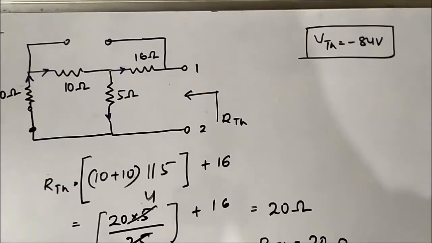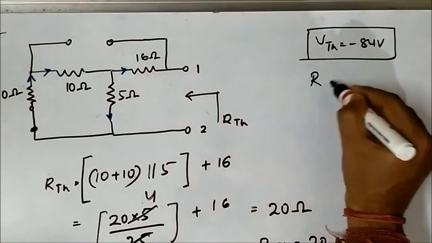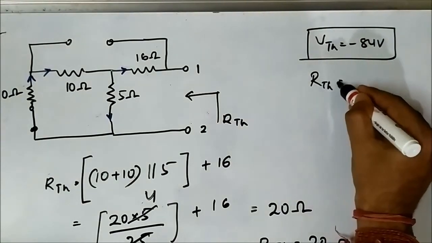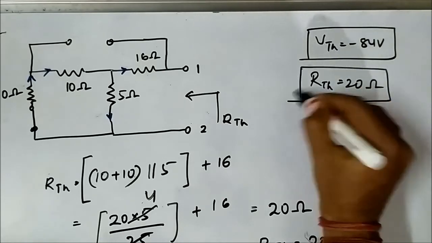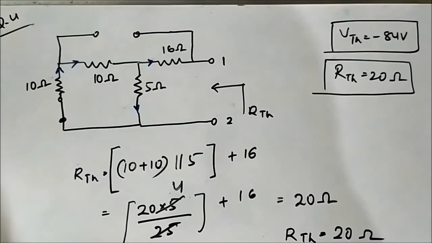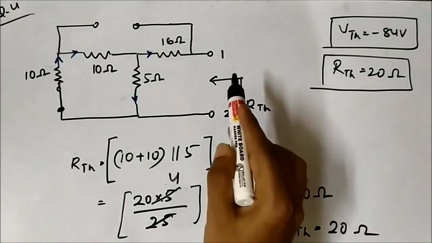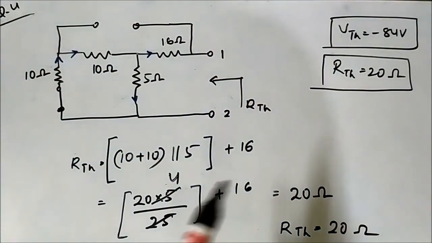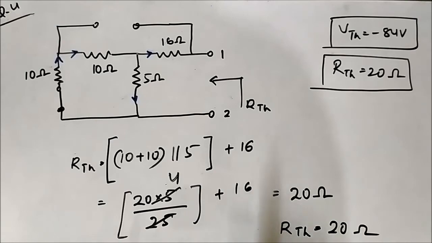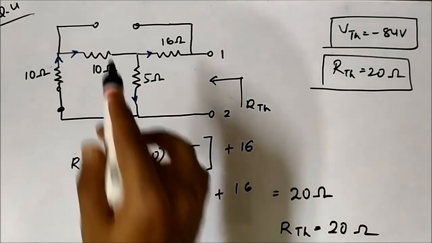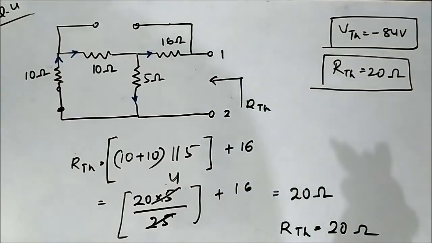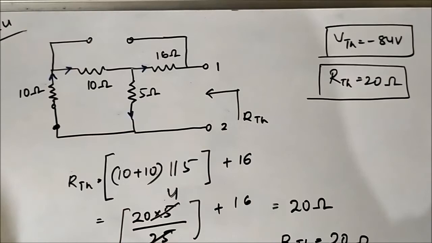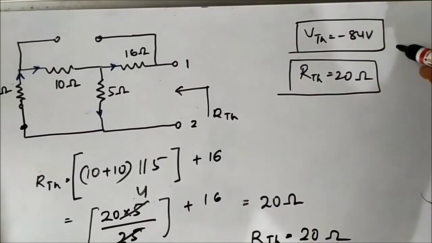We have found both VTH as minus 84 volt and RTH as 20 ohm. For RTH we deactivated the two independent sources: the 30 volt voltage source was short circuited and the 5 ampere current source was open circuited. Then we found RTH across these two terminals. Both VTH and RTH, which were asked in this question, we have calculated.